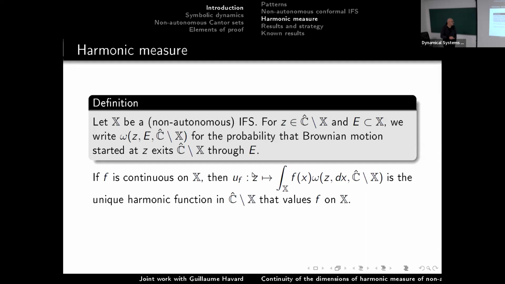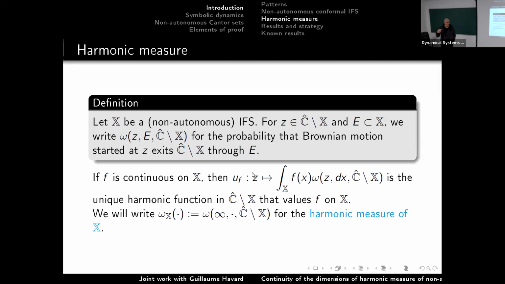So this measure doesn't really depend on Z. And this is the standard notation for this measure. I'm cheating, saying that I make the Brownian motion start at infinity. One has to do some work to be able to say this, but it's not very difficult.